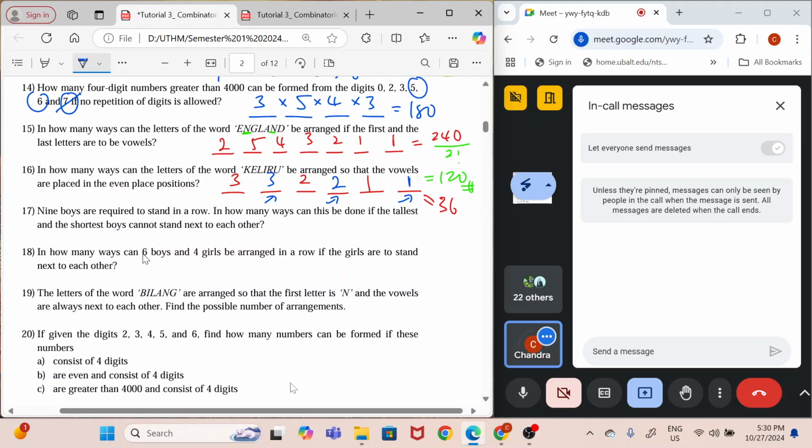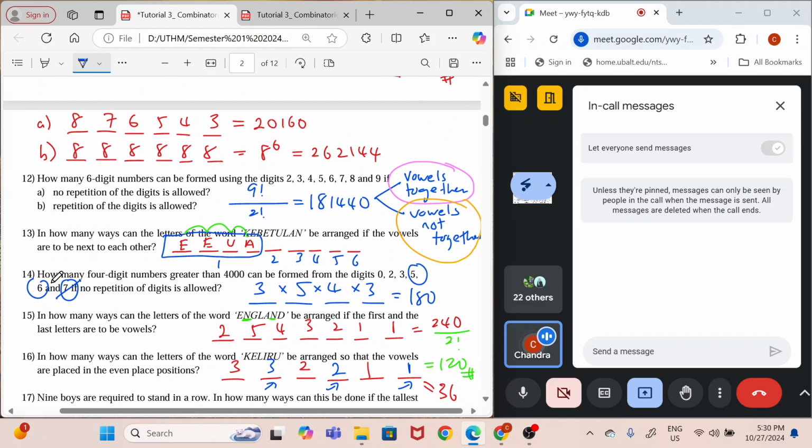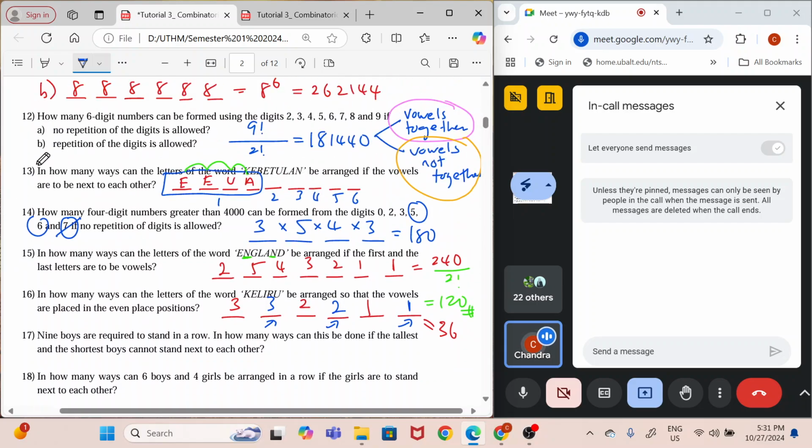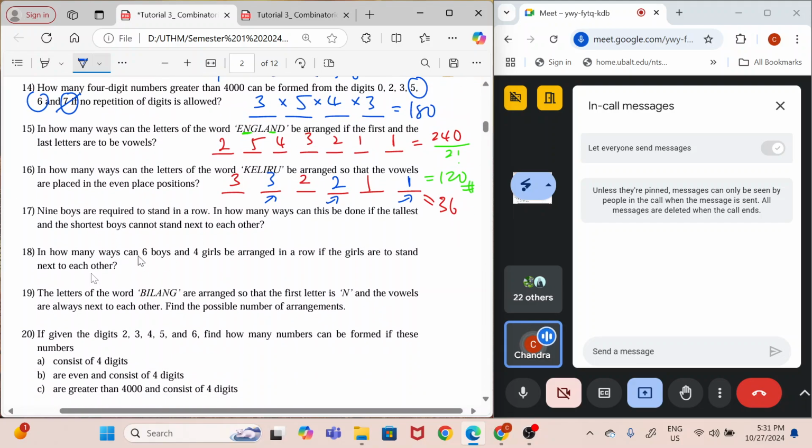So this one, I'm going to use the method we have done in 13. Cannot stand next to each other means we have to find stand next to each other. Okay, how many arrangements are there standing next to each other, and we subtract it, the one I taught you just now in 13.